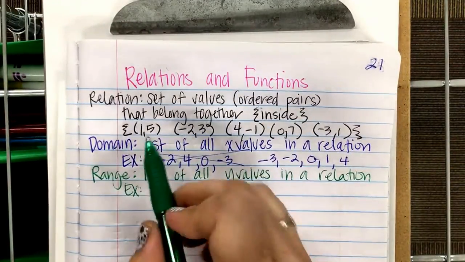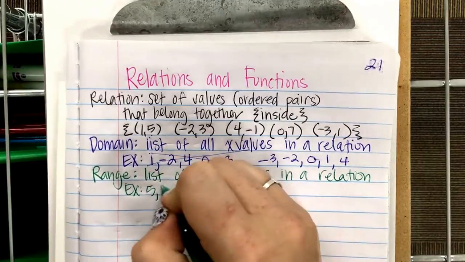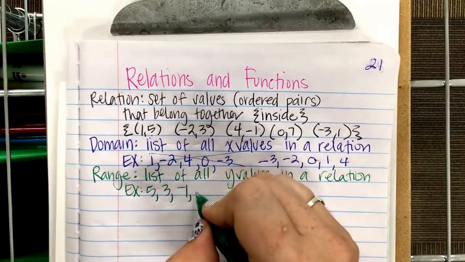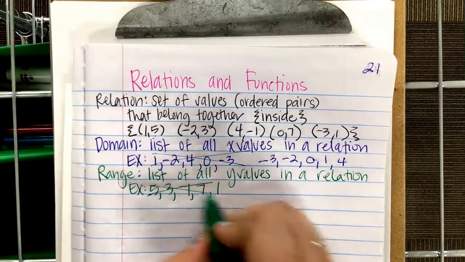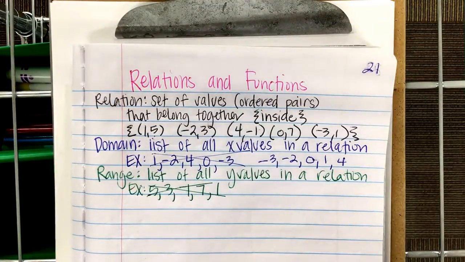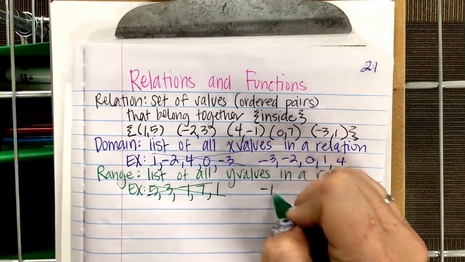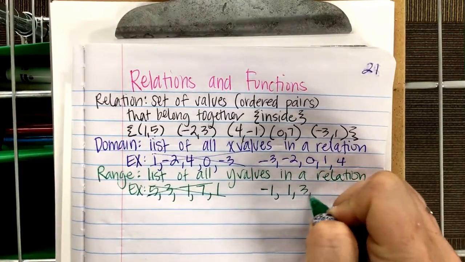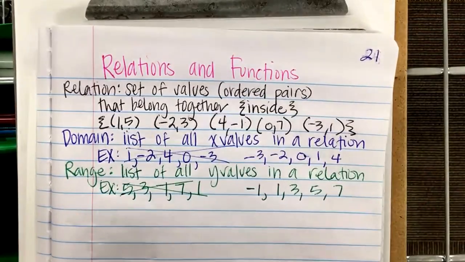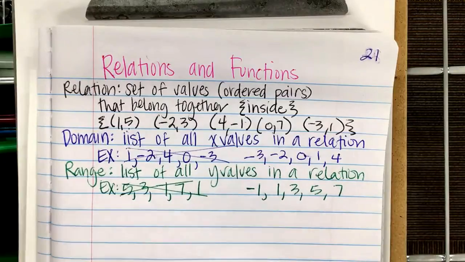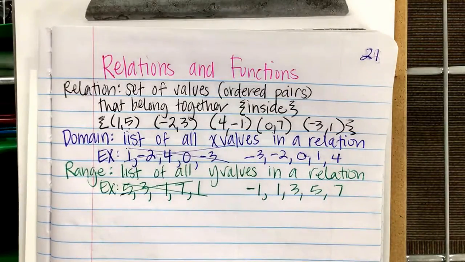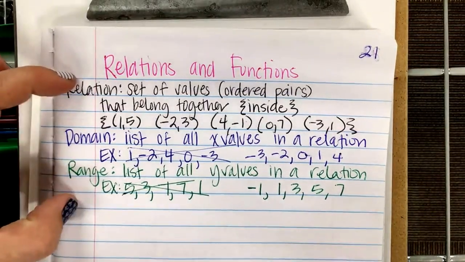So we would say from this relation, 5, 3, -1, 7, and 1. But again, that's not the way that we should write it. We should write it in order from least to greatest: -1, 1, 3, 5, 7. So relation is the group of ordered pairs, the domain is the entire list of x values, and the range is the entire list of y values.